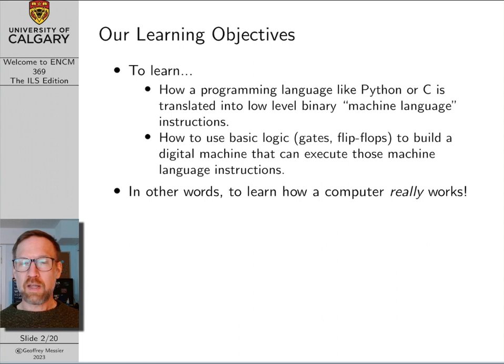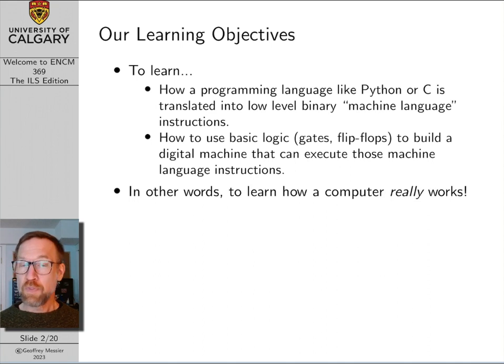The first one is we're going to learn how a high-level programming language like Python and C gets translated down to a very low-level kind of binary format called machine language, where we translate our program right down into ones and zeros, right? So all of you by now will have had some experience with programming in Python or C, one of these high-level languages, and we're going to look now to see how that gets translated into something that a machine can understand.